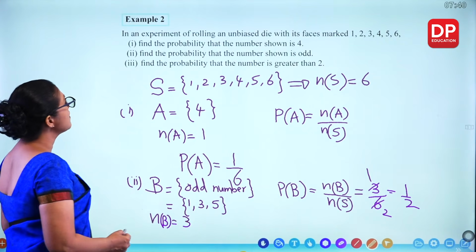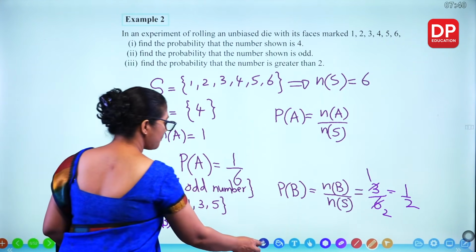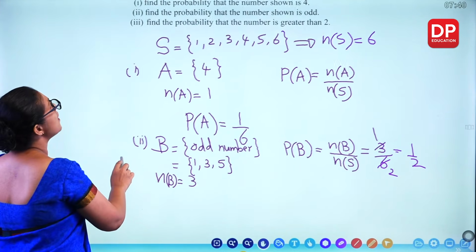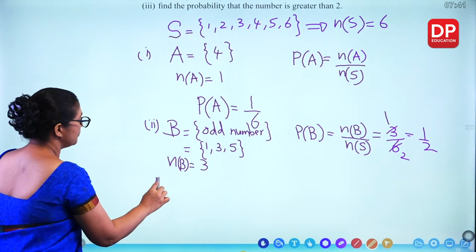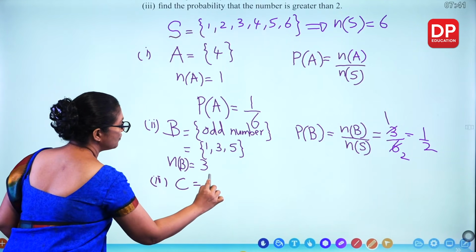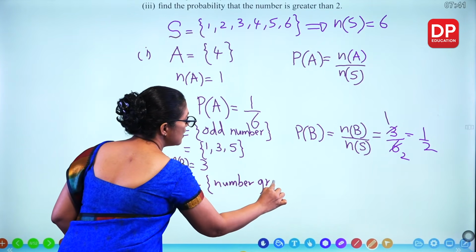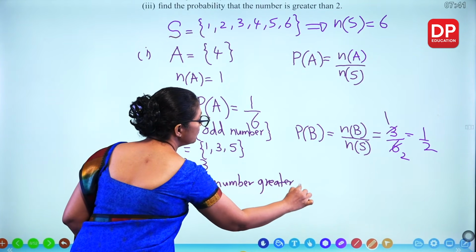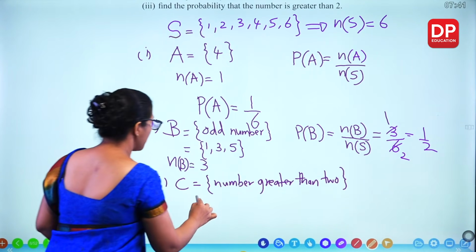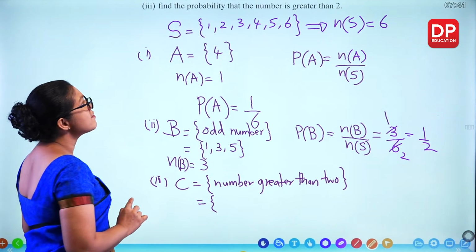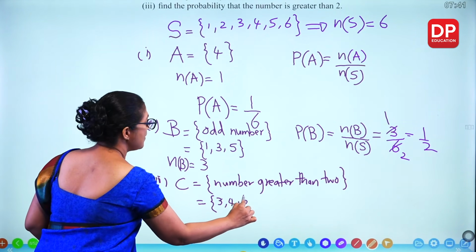Then the last part, find the probability that the number is greater than 2. We'll take that one as C, number greater than 2. What are the numbers greater than 2? 2 is not included. 3, 4, 5, 6.